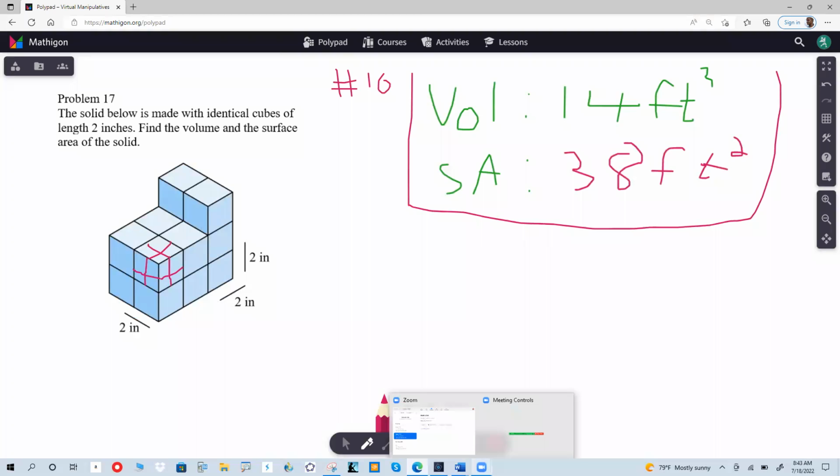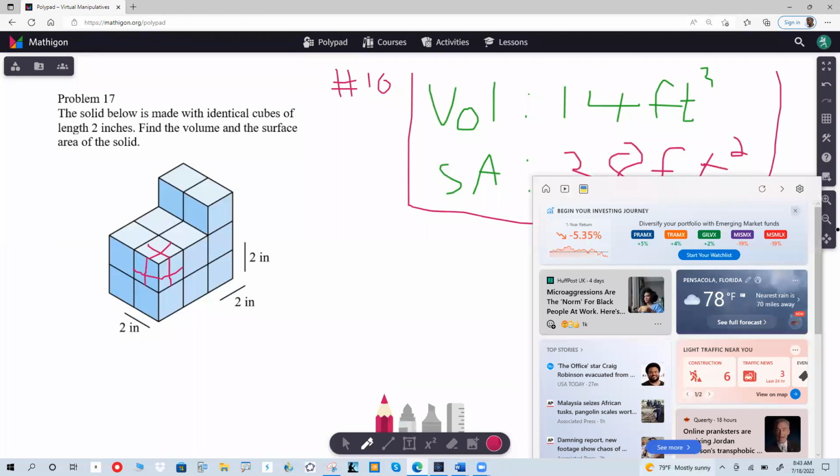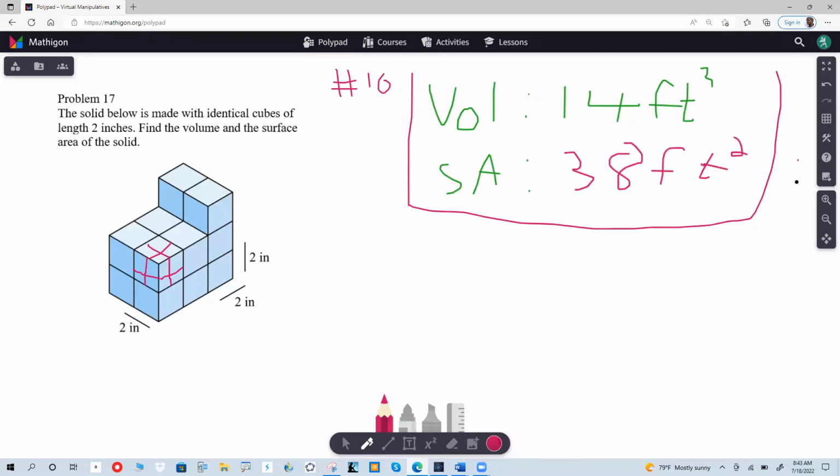All right. Now, you do have to understand a 2 by 2 by 2 cube is nothing but 8 unit cubes together. That's all it is. Okay, so the volume of problem number 17 is going to be my 14. How many 2 by 2 cubes are here? The answer is 14.